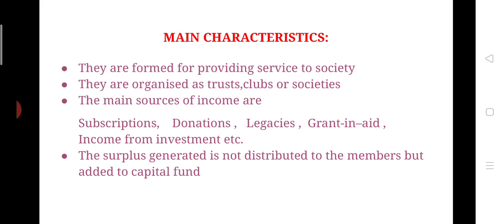So they don't get money from sale of items, sale of services. Then how do they get money for their activities? There has to be some source. So these sources are given there: subscription, donation, legacy, grant in aid, income from investment, etc. About these items we will study again in detail. That time we can see.